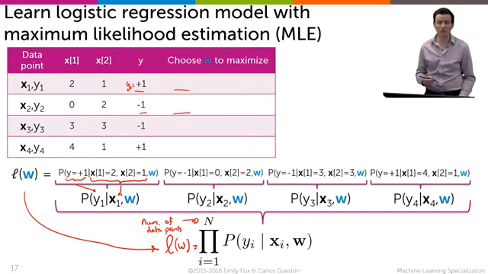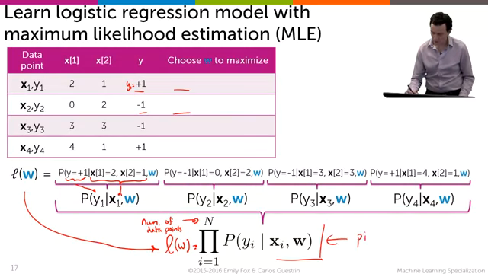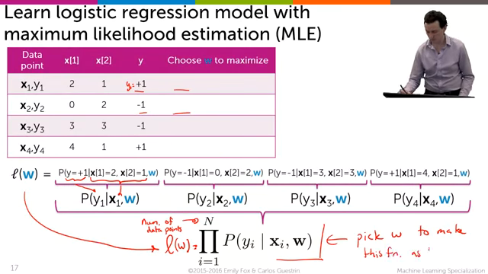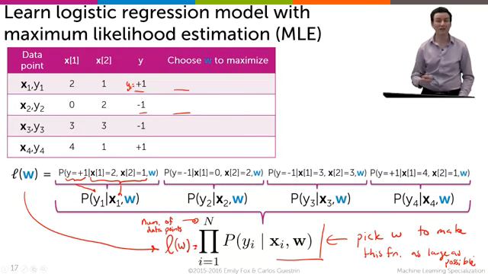This is the likelihood function that we're trying to optimize. So our goal here is to pick w to make this function as large as possible. That's our goal.